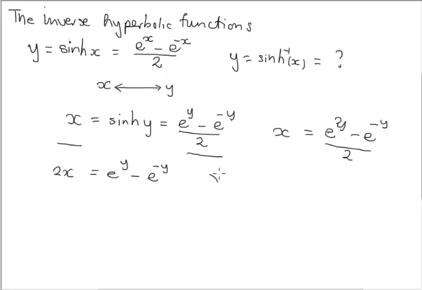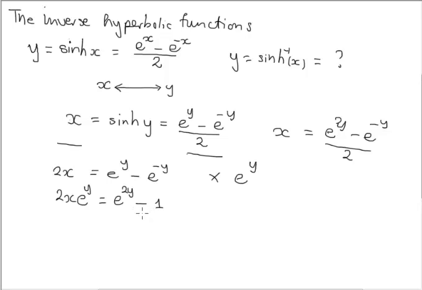The idea here is to multiply the whole expression by e to the y. Then you get 2x e to the y equals e to the 2y minus 1. Are we getting that?